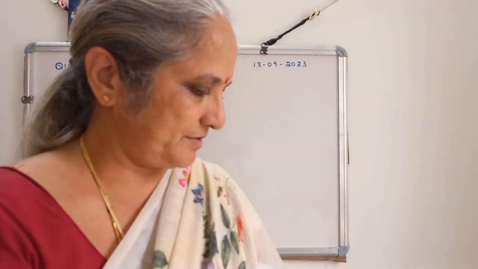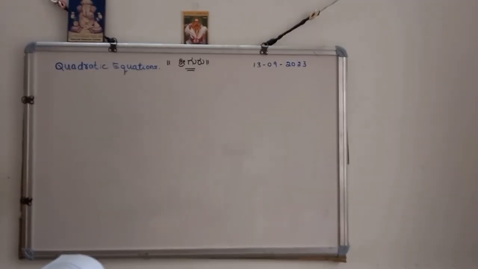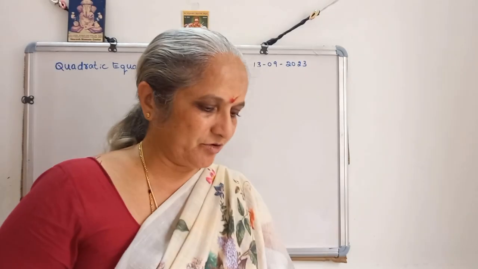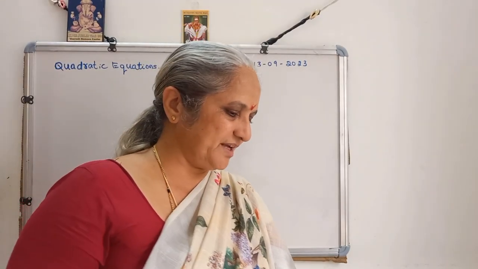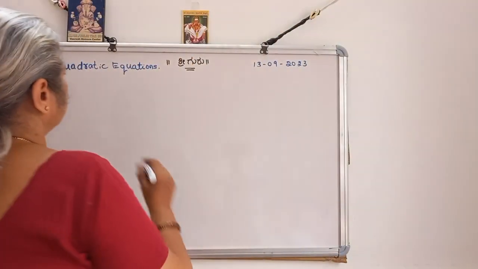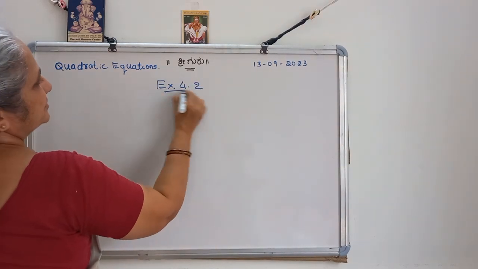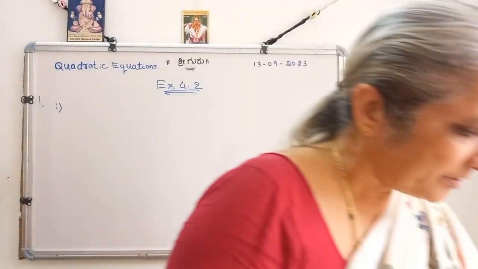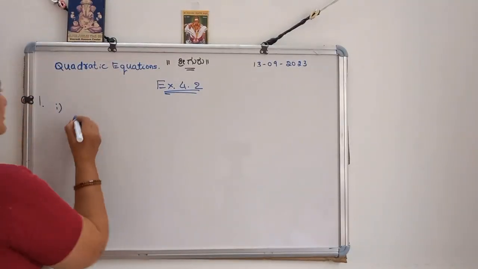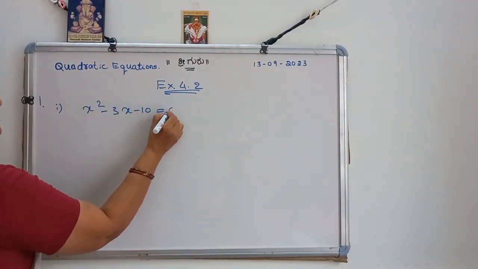Okay, now exercise 4.2. Find the roots of the following quadratic equations by factorization. First one, x square minus 3x minus 10 is equal to 0.